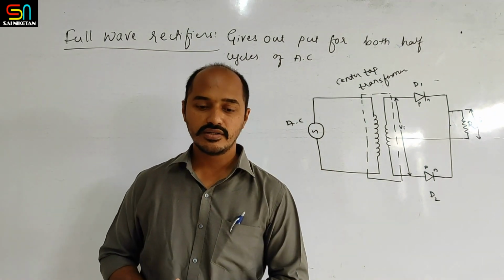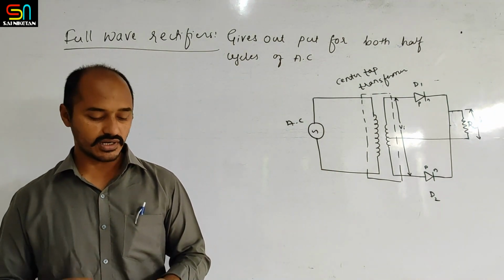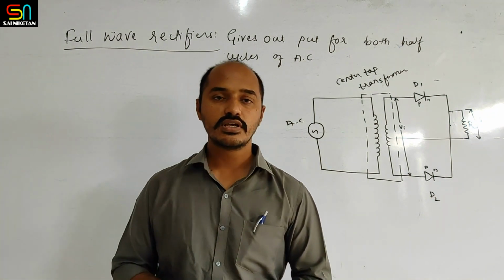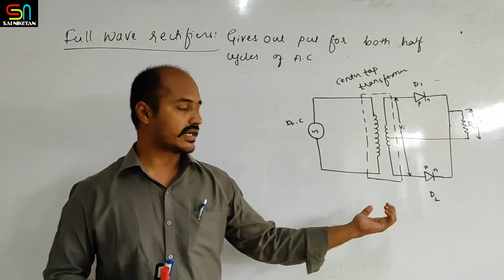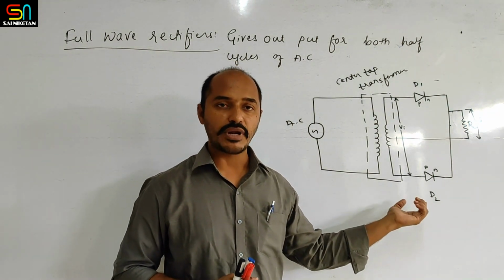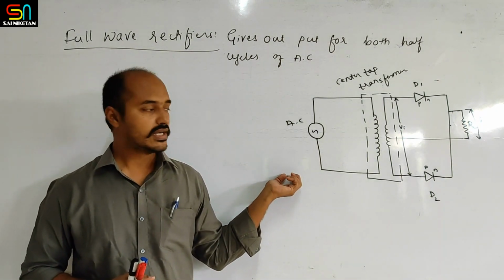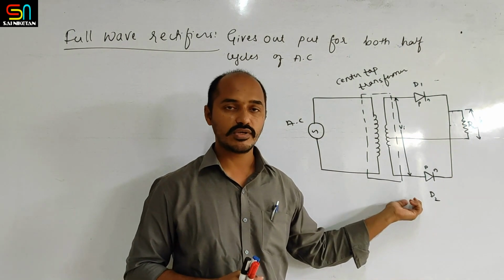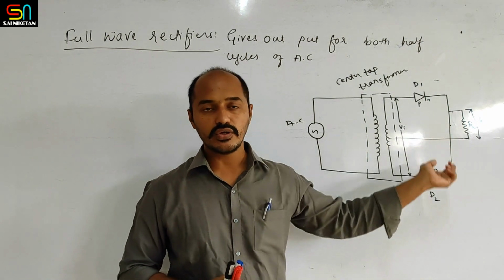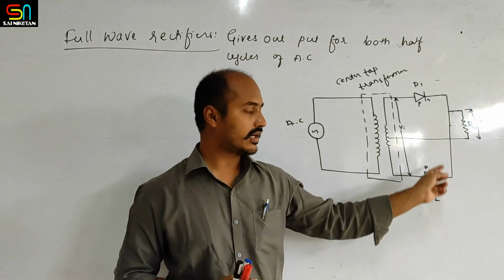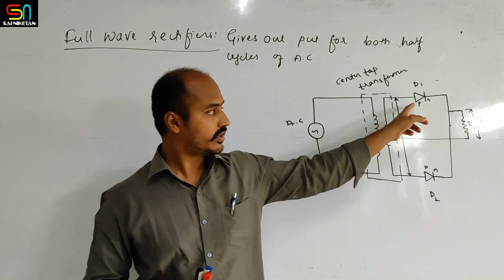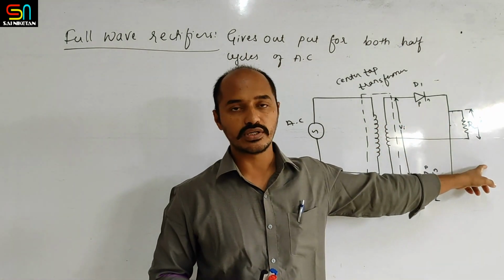So this is the basic connection of the full wave rectifier. First, we will discuss the construction. It consists of the center tap transformer. The primary coil of the center tap transformer is connected to the AC source. The secondary coil of the transformer is connected to two diodes which are in parallel with each other, and both the diodes are connected with the load resistance.